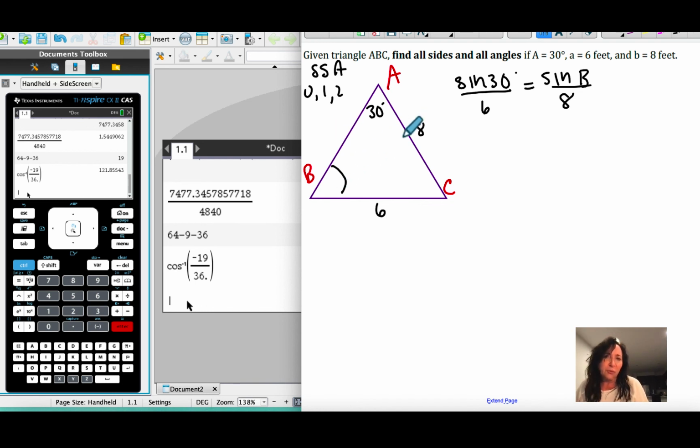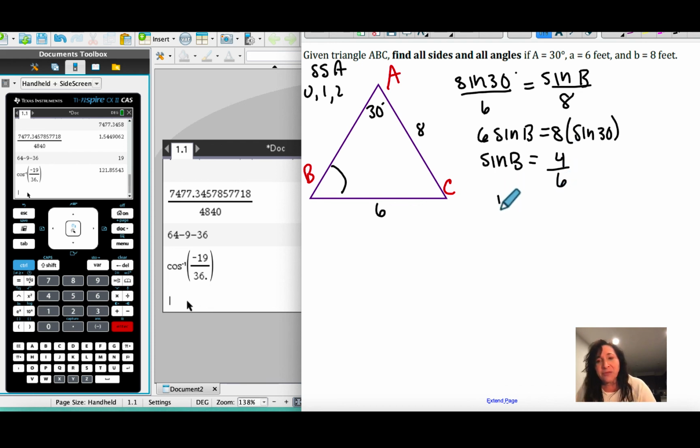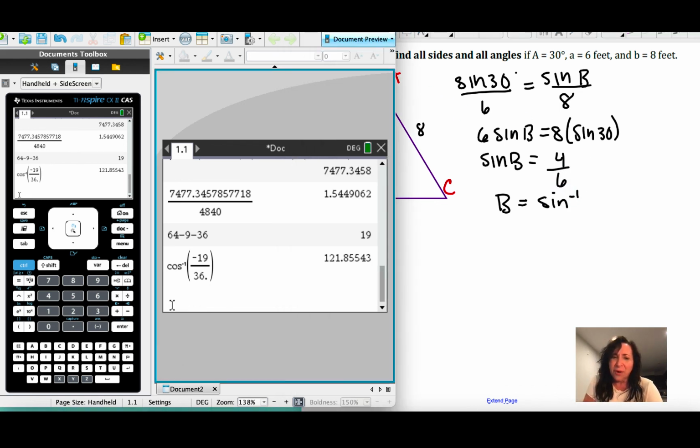So I have to use what I have, which is only the 8. Cross multiply, we get 6 times sine of angle B equals 8 times sine of 30, which is a half. So sine of B is equal to a half of 8, which is 4, divided by 6. That means angle B is equal to arc sine of 4 over 6. So I actually want that value, what 4 over 6 is.